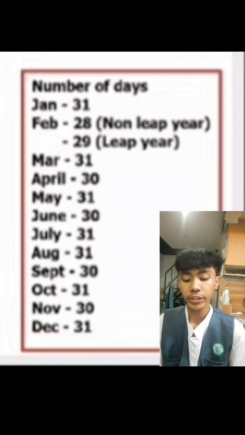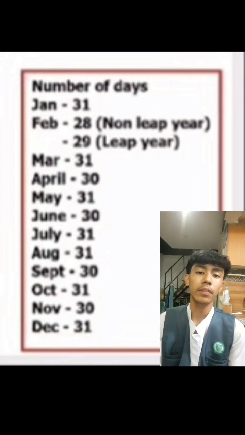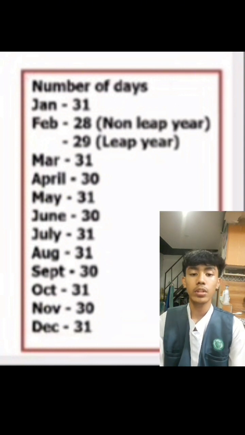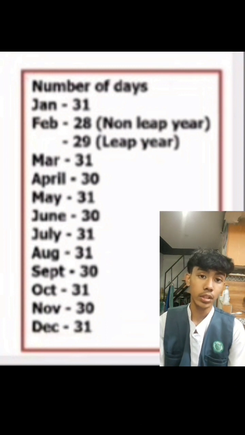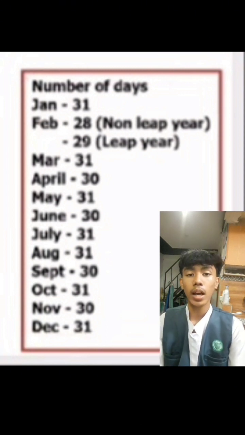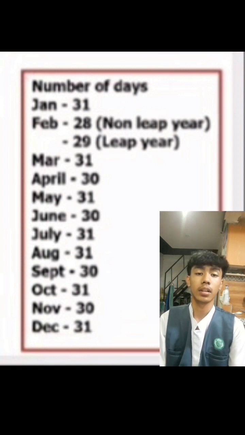March would have 31 days. April would have 30 days. May would have 31. June would have 30. July would have 31. August would have 31. September would have 30. October would have 31. November would have 30. And December would have 31.